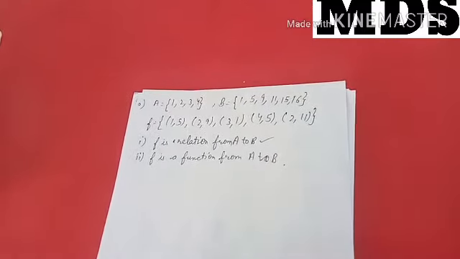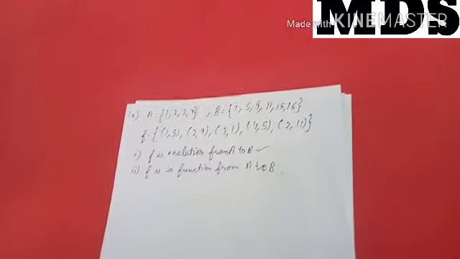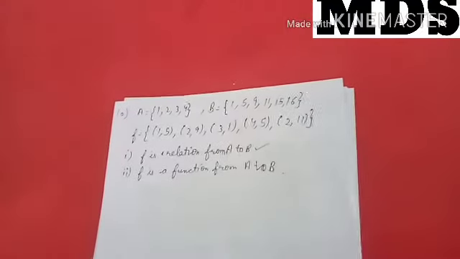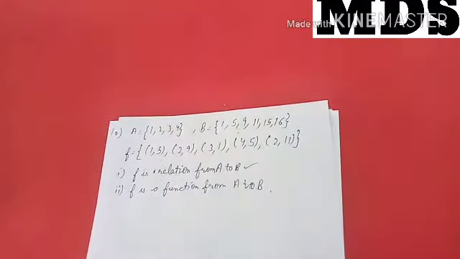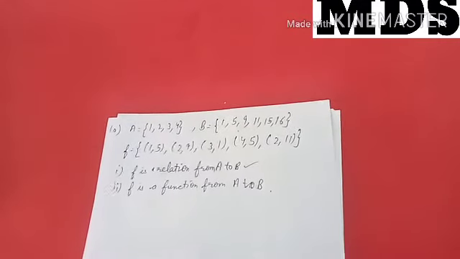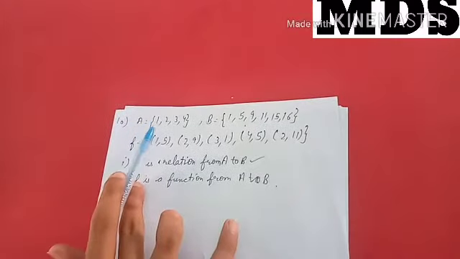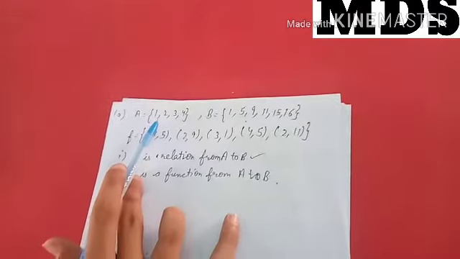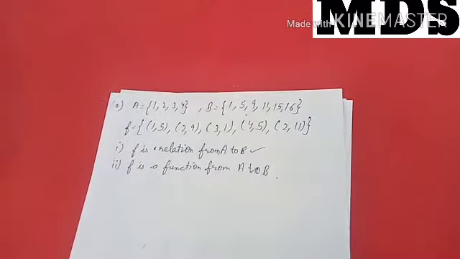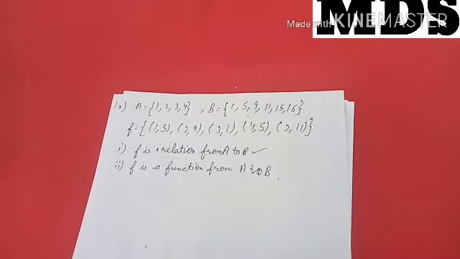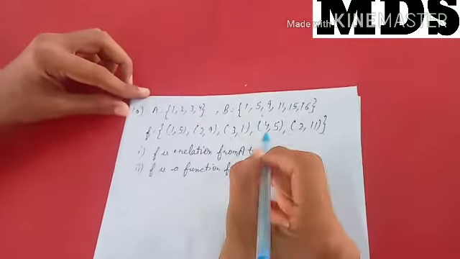Now we know a relation is a subset of the Cartesian product of two sets, some subset that may be random, where an element of set A, the first set, has some image in set B. Now you can check 1, 2, 3, 4 and 2.